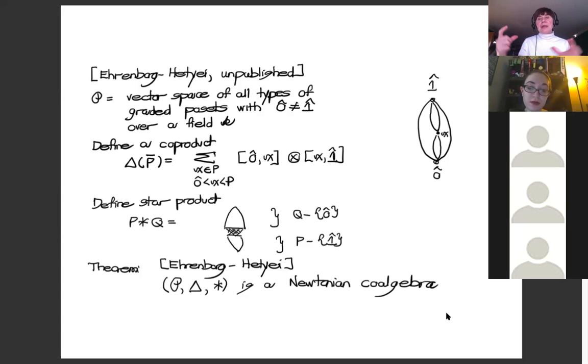And then there's a way to piece together two partially ordered sets. You remove the top element of the one poset P and the bottom of Q, and then you put one above the other, and then you just put a complete bipartite graph between them. It turns out that this setting is also a Newtonian coalgebra. This is due to Ehrenborg and Readdy.